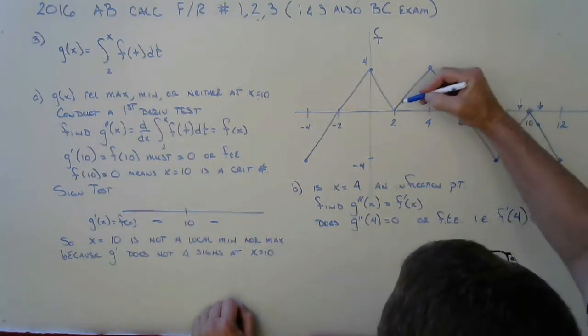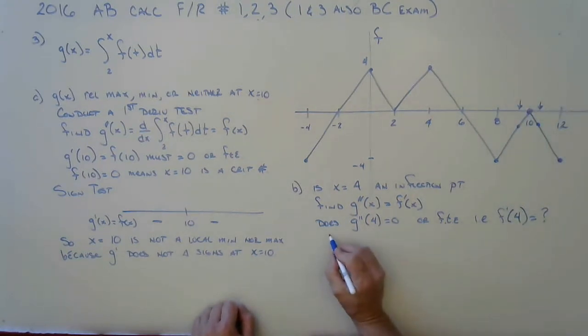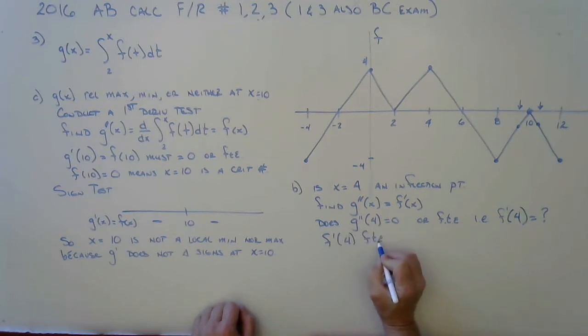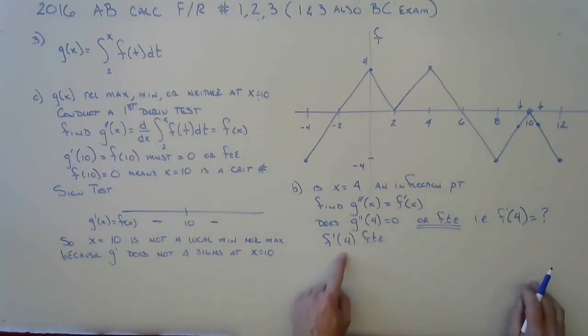Well, that's the slope of this graph at 4. That's a corner, so we know f prime of 4 fails to exist. Well, there we go. f prime of 4 is g double prime of 4. It fails to exist, so that's a critical number.